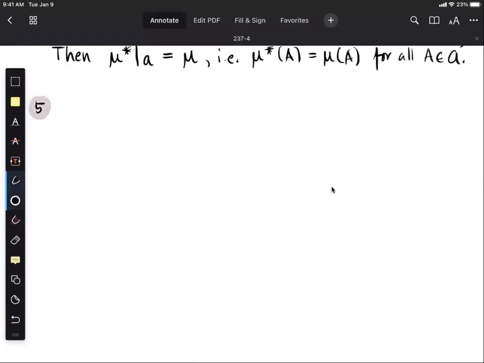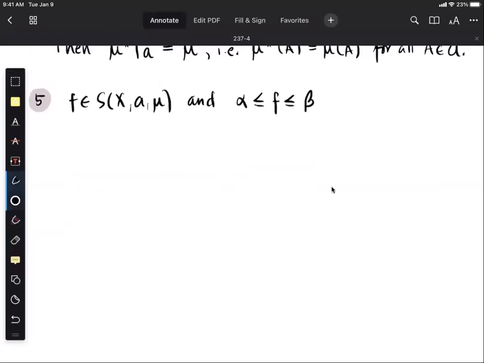if I have a simple function f with values in R, and we have two scalars, say alpha and beta, where alpha is a lower bound of f, and beta is an upper bound of f, mu almost everywhere, so alpha and beta are real numbers.